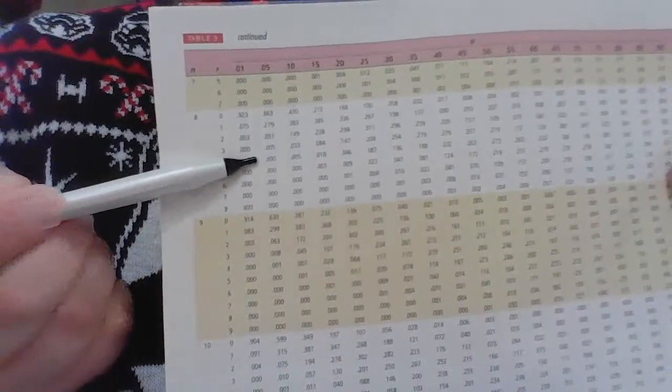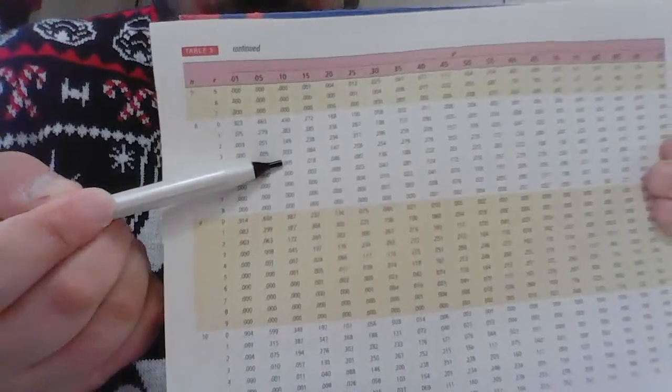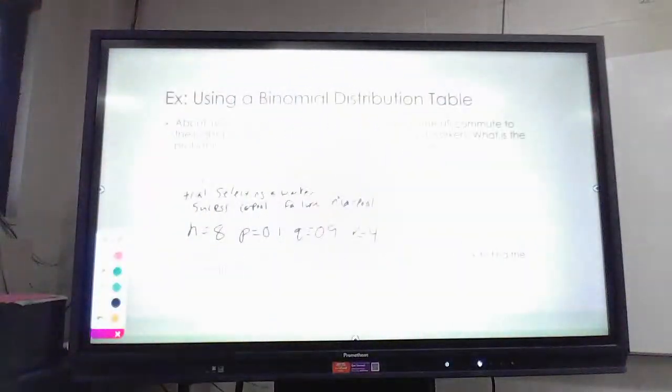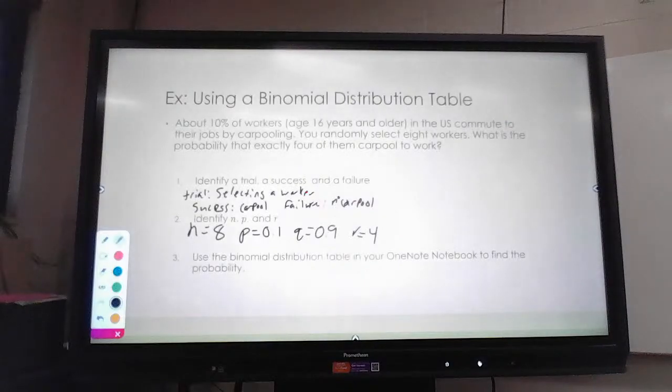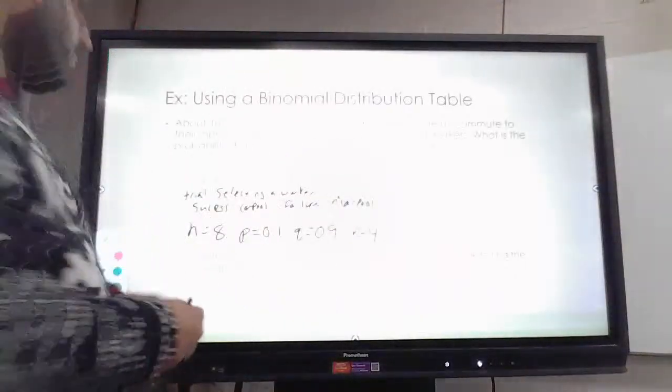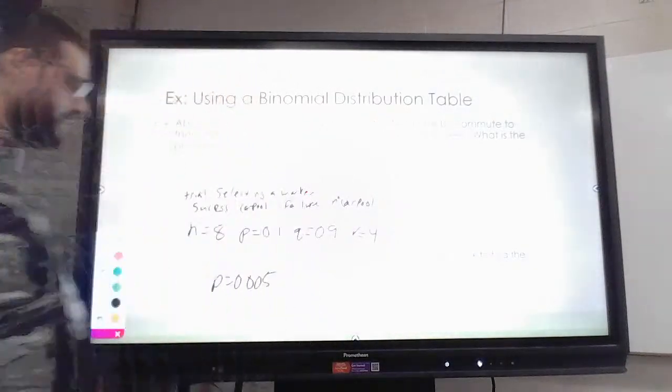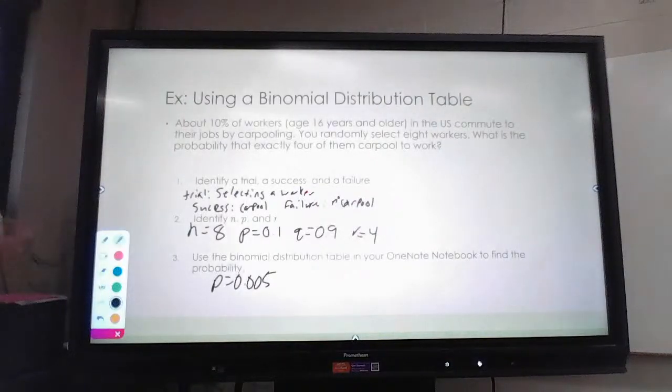That's about right here: probability 0.005. That's using the binomial distribution table, so my probability ended up being 0.005.